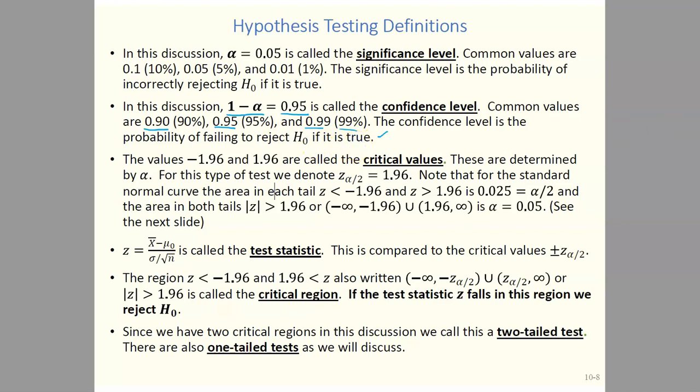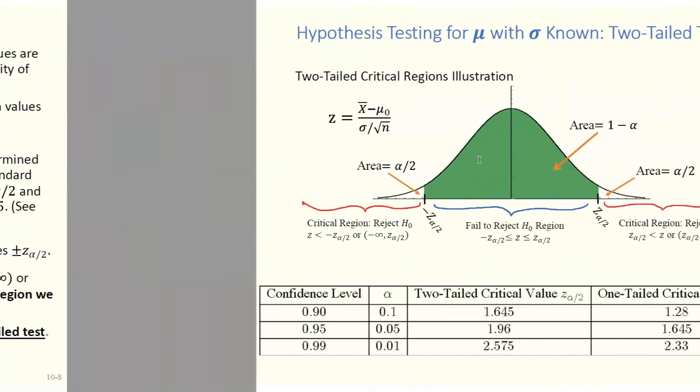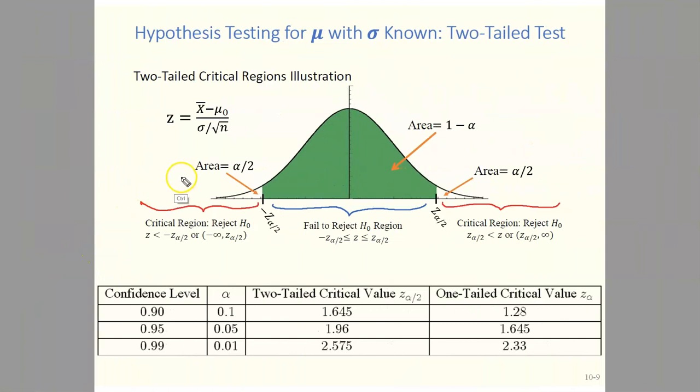And also notice from our graphic that we had looked at a few seconds ago, once again considering this graphic right here, if your null hypothesis really is true, if the mean really is mu naught, then the mean of your z-scores is 0.